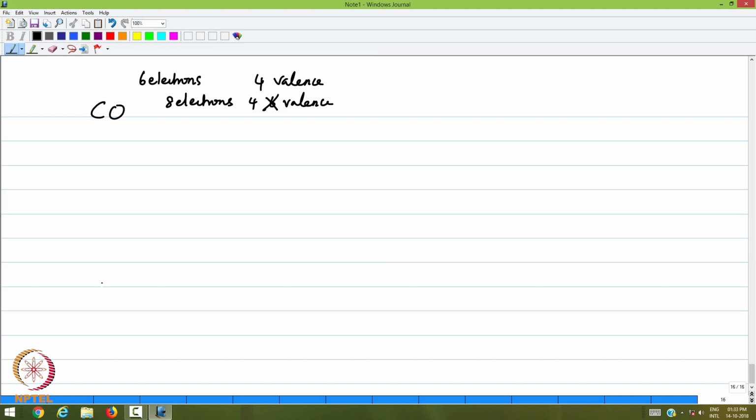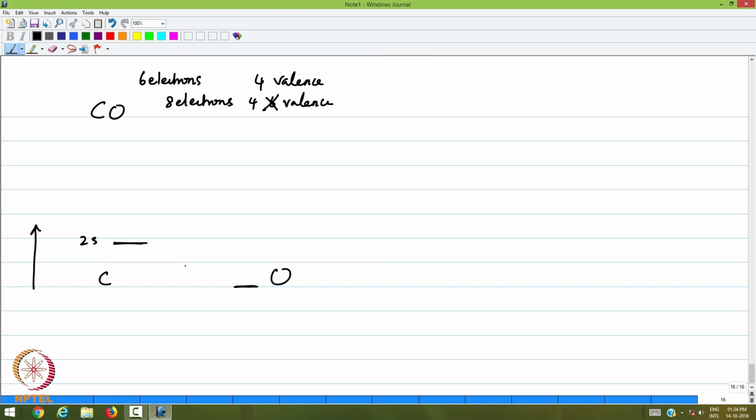if we write C and oxygen here, and if you write the 2s energy level for carbon, then you would see that the corresponding oxygen 2s would be lower if this is the increasing direction in energy.